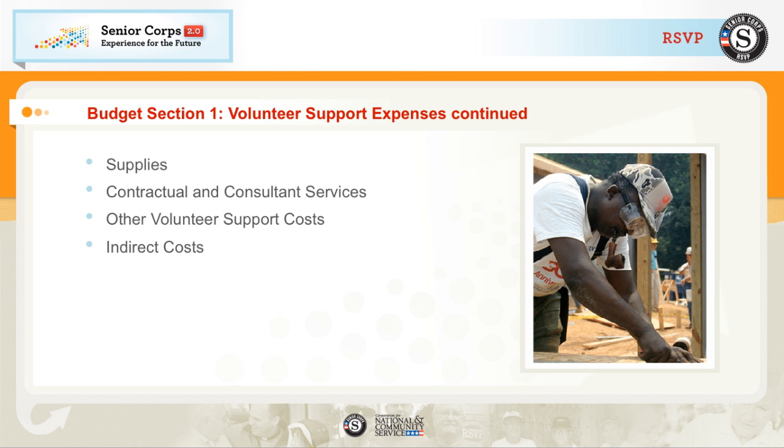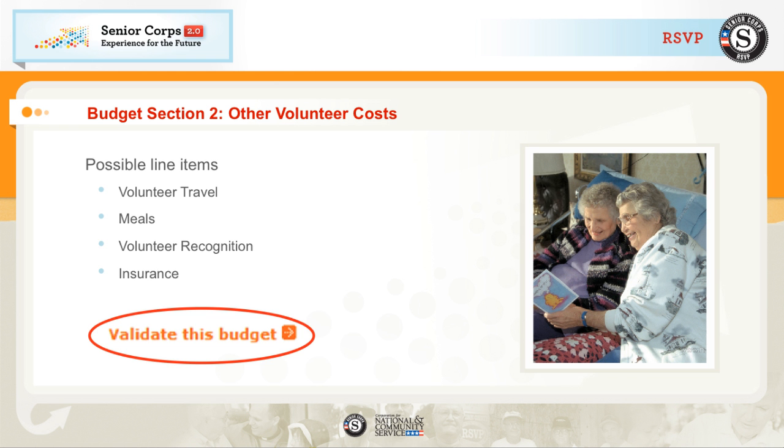Budget Section 2 is for other volunteer costs. RSVP allowable costs and reimbursable expenses may include volunteer travel, meals, volunteer recognition, and insurance. Insurance for volunteers when on assignment is required.